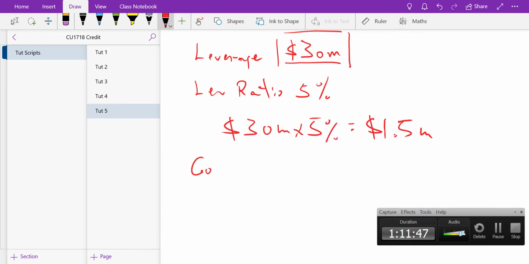So the cost of funds, if you want the dollar value, is this multiplied by the cost of capital, which is 12%. Sometimes called the required return on equity.